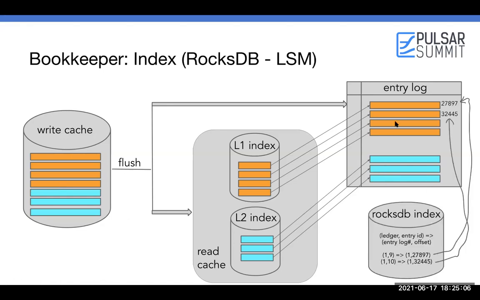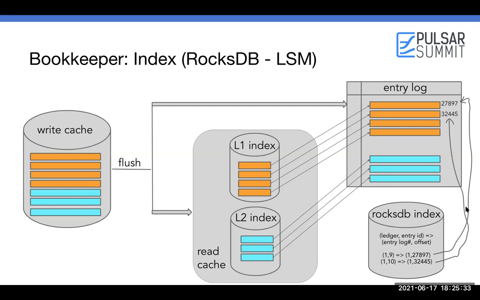With every entry that is written to an entry log file, there is an index that the bookkeeper maintains. Pulsar uses the RocksDB index. So you have a ledger ID and an entry ID, and that maps to an entry log file and a specific offset in that entry log file.